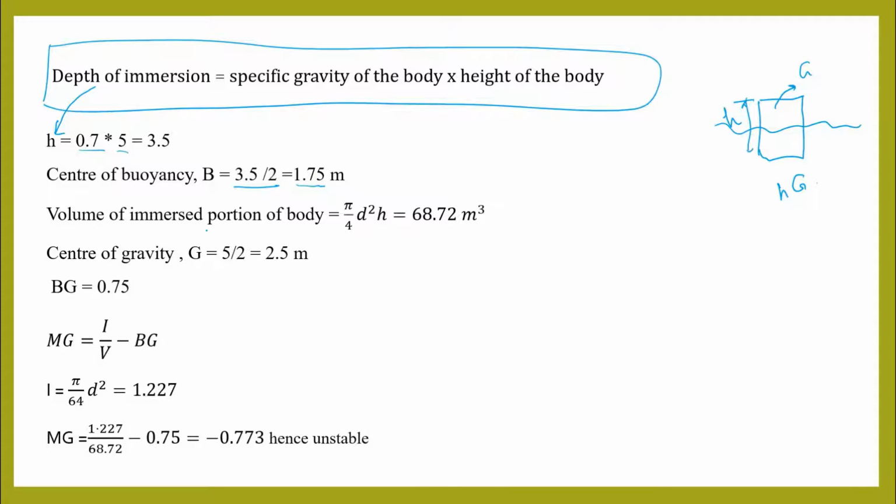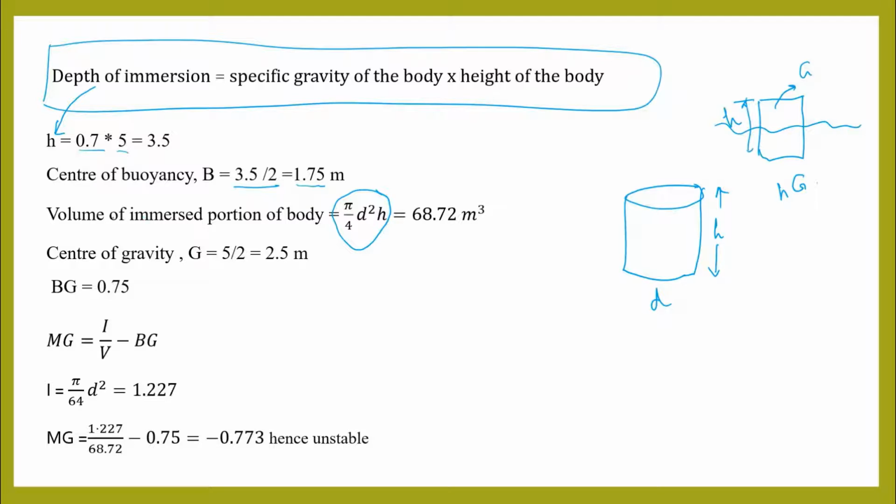The volume of the immersed portion of the body will be equal to W. We know how to find the volume of a cylindrical body. If it has a diameter d and height h, then the volume is pi by 4 d square into h.